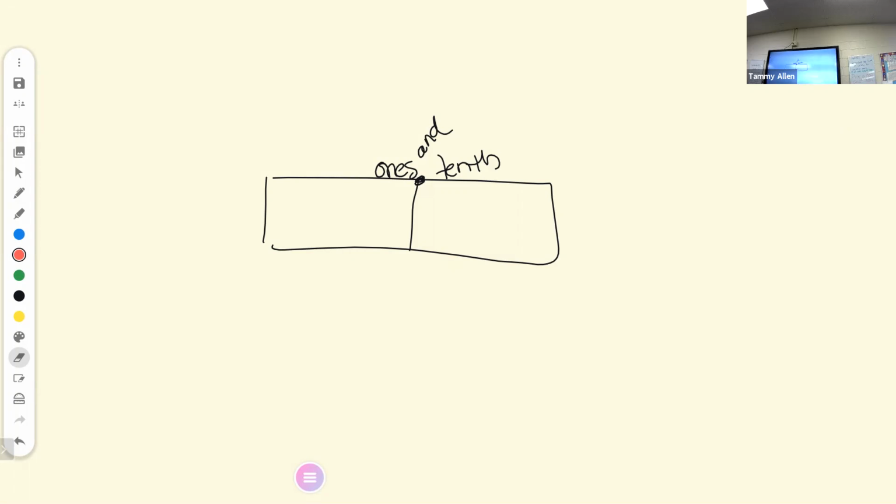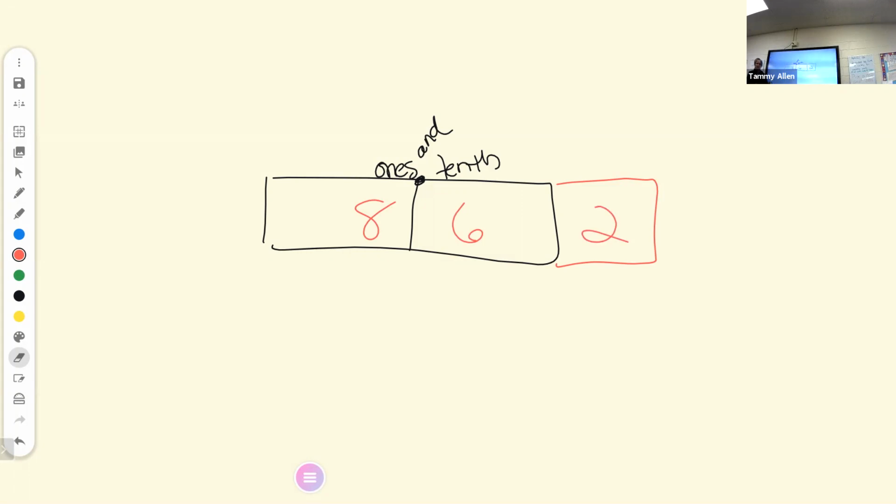Okay. This time we needed the hundredths place, which is the next section out. 8 and 62 hundredths.